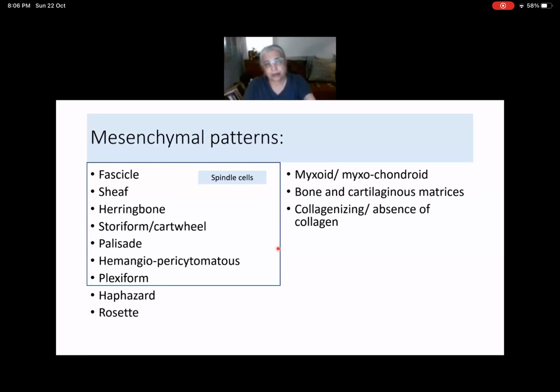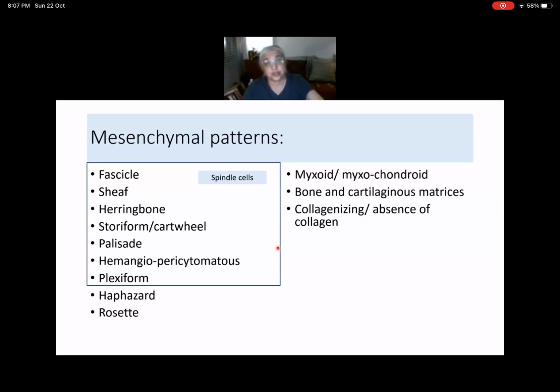All right, we'll see some mesenchymal patterns now. All of these have got spindle cells in them. You can have other mesenchymal patterns which are haphazard or rosette-like, which have cells other than spindle cells, like stellate cells.